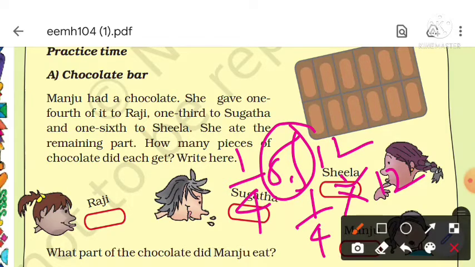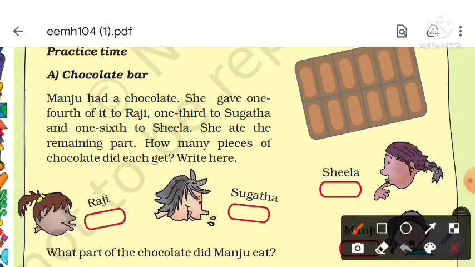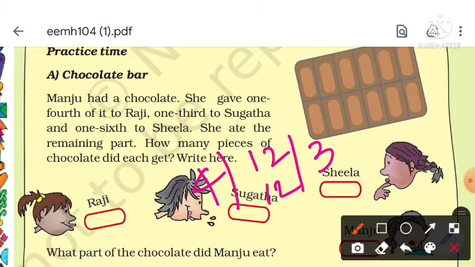So it will be 12/4, that means we divide 12 by 4 and get 3 as the quotient. So she gave 1/4 of the chocolate to Raji, that is 3 bites.